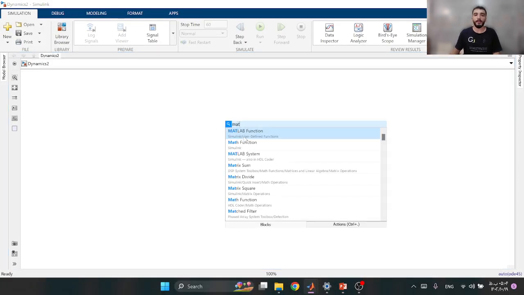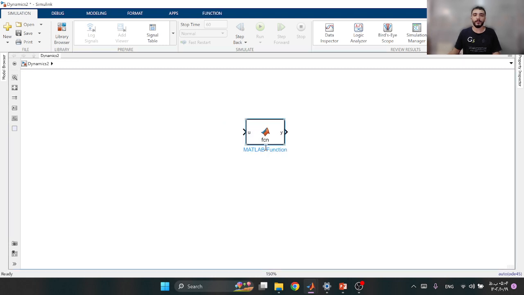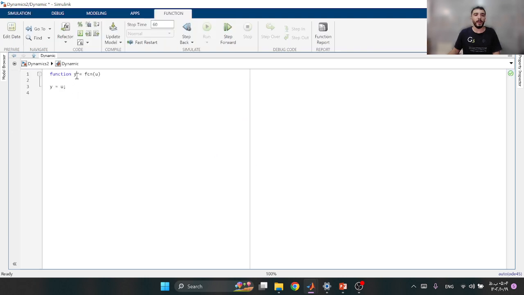Okay, let's get started with Simulink. I will import a MATLAB function to import my dynamics. I have x double dot and theta double dot as outputs, and we have M, m, k, b, L, and g as our constant parameters of our model.